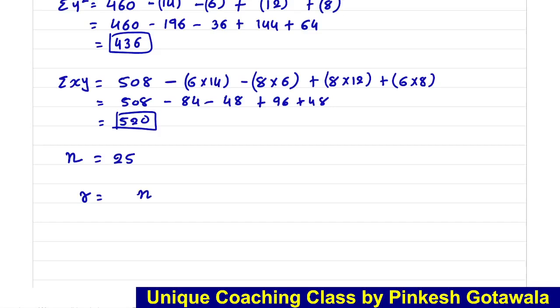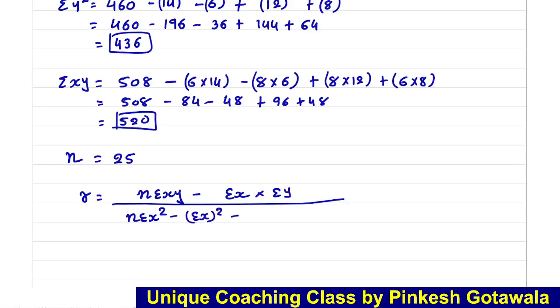Now apply the formula: n sigma xy minus sigma x sigma y, n sigma x square minus sigma x whole square, n sigma y square minus sigma y whole square.